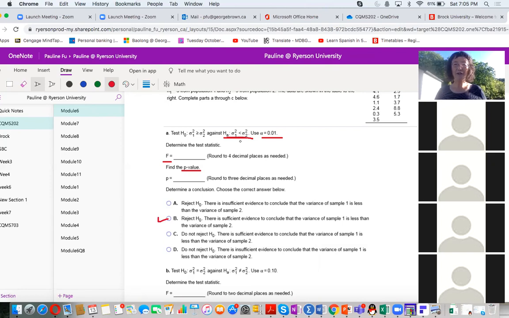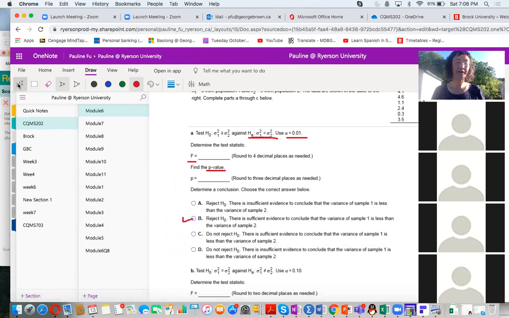Okay. If I ask you to use the critical value method to make a conclusion, what would you do? The question is, how do you use the critical value method to draw a conclusion?